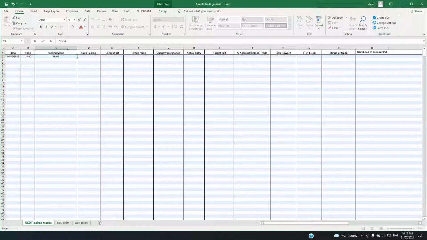Good. BTC. So we were short. Time frame daily. Quantity purchased. This is crazy.